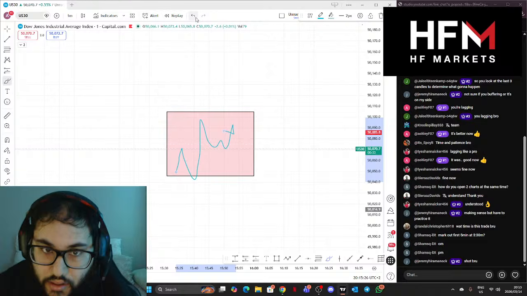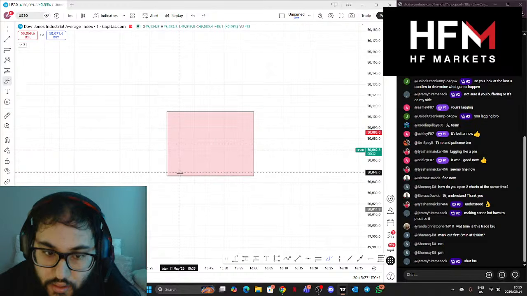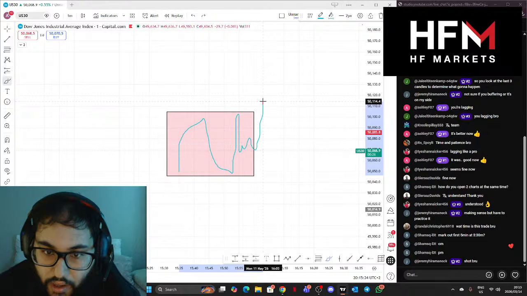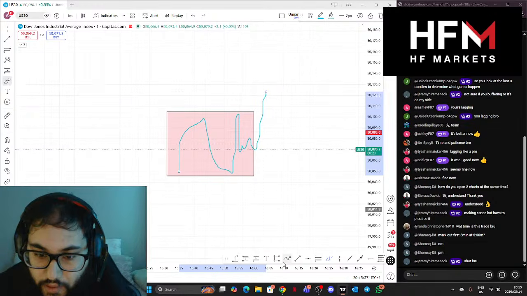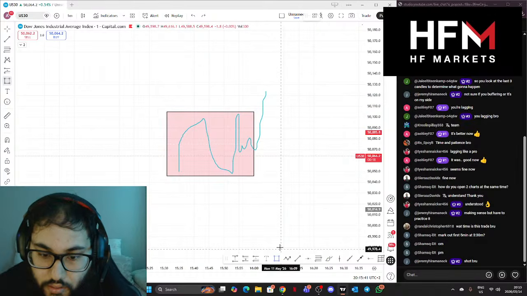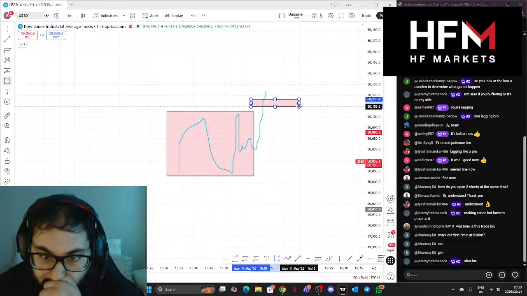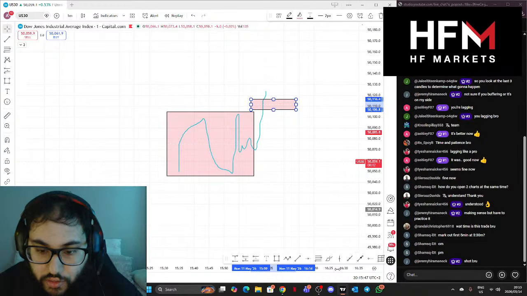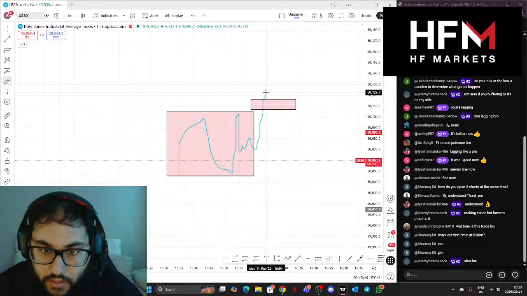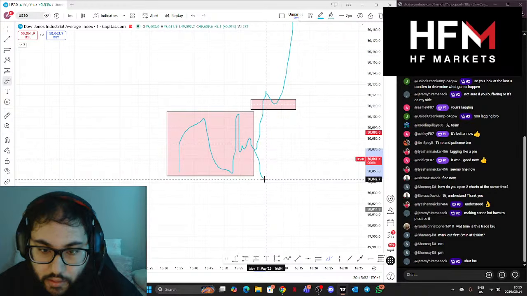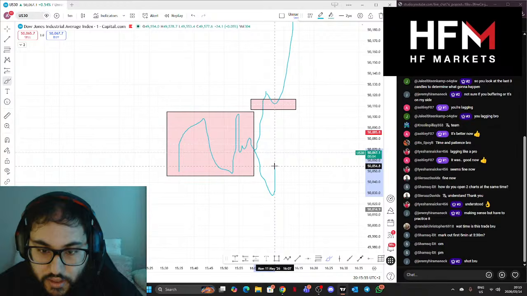All you're waiting for is a breakout above. Wait for a fair value gap to form. Wait for market to tap back into it like this. Take your trade. Similarly, if you break below here like this, wait for a retest, take your trade.